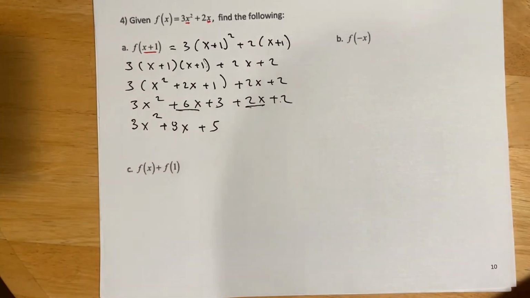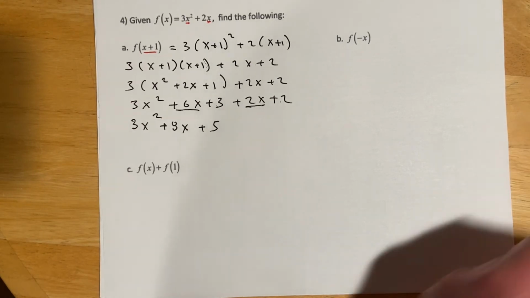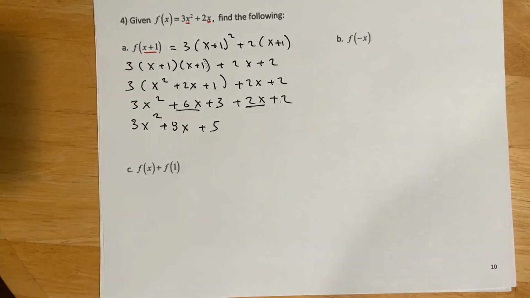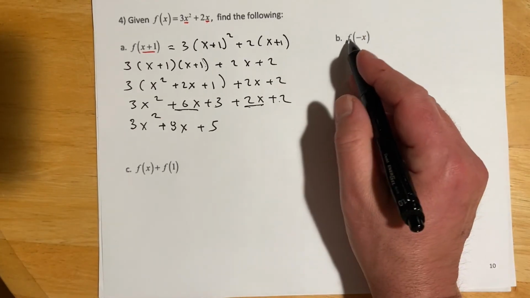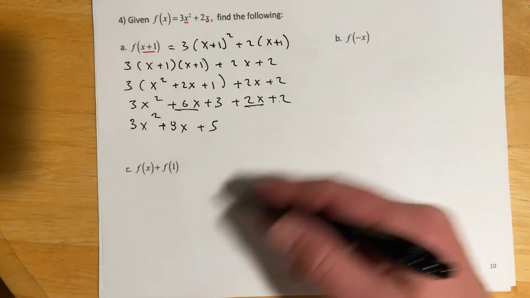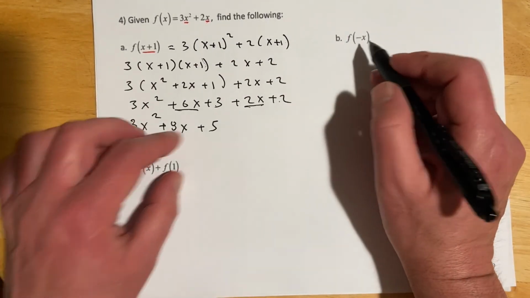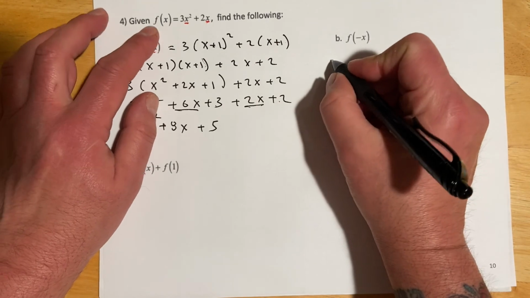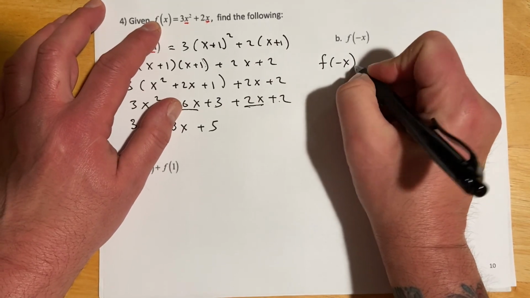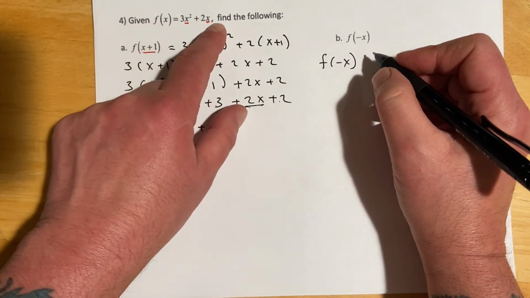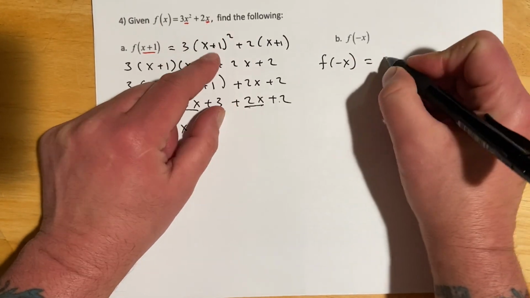This next one seems like kind of an odd thing to do, to evaluate at negative x, and yet there are times that is actually useful. It's a test for symmetry in pre-calculus. And so let me just show you what it looks like. So if I'm doing f of negative x, it just means everywhere there's an x, I'm going to put in a negative x.